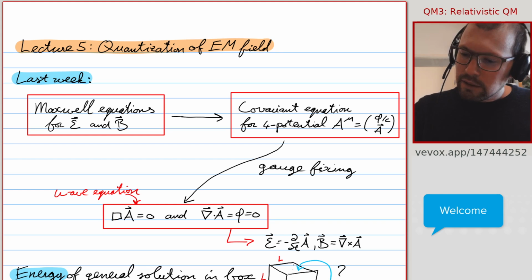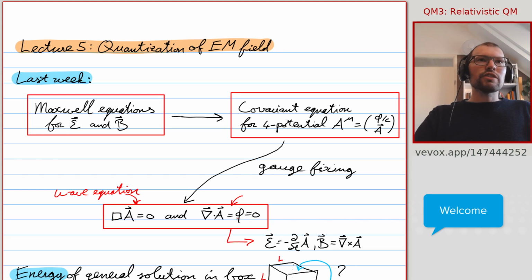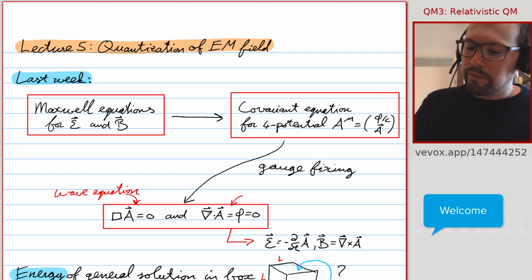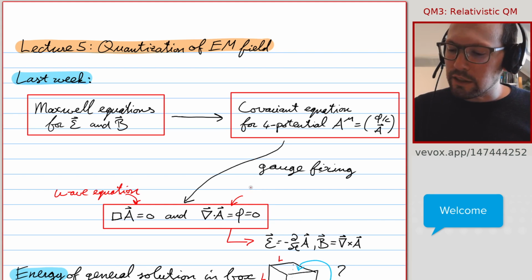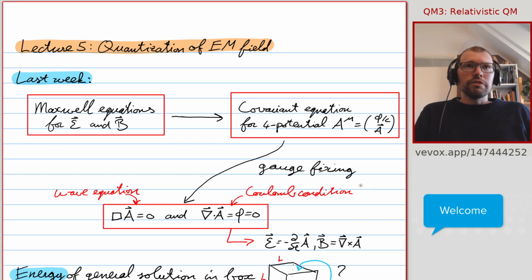And the other equation that is supposed to be satisfied, which is just saying that the scalar potential is 0, and the divergence of the vector potential vanishes, that is exactly the Coulomb condition. So these are the 2 classical equations that the free field, so in the absence of matter, has to satisfy.